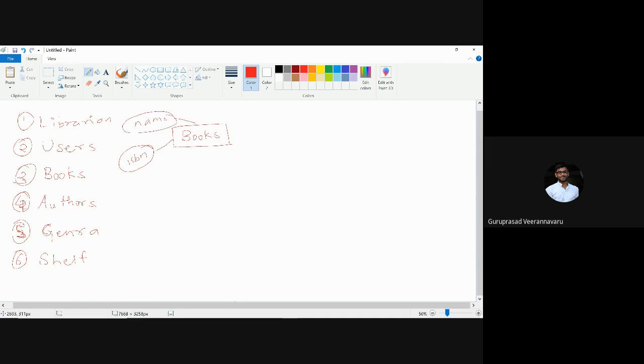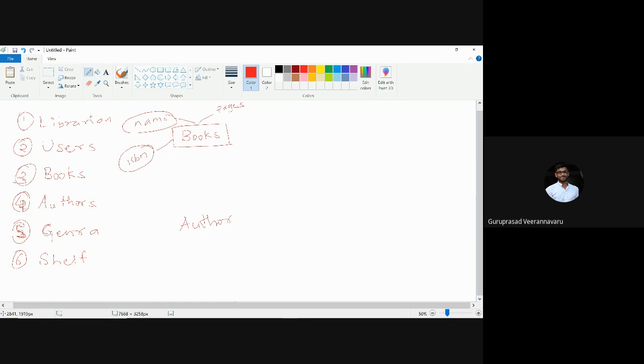What else will a book have? Let's say pages. And then author.